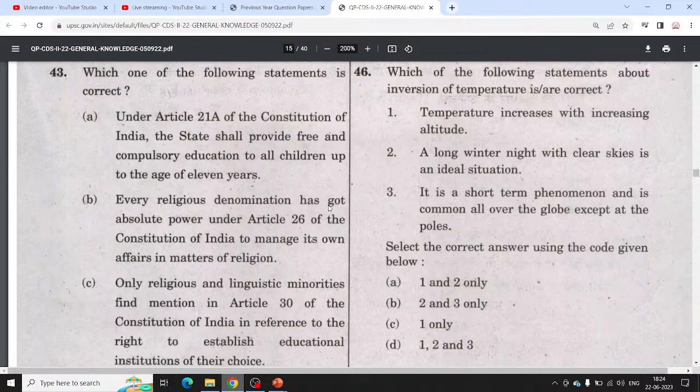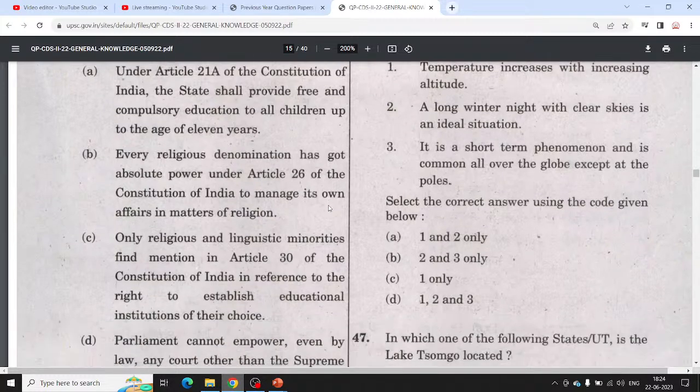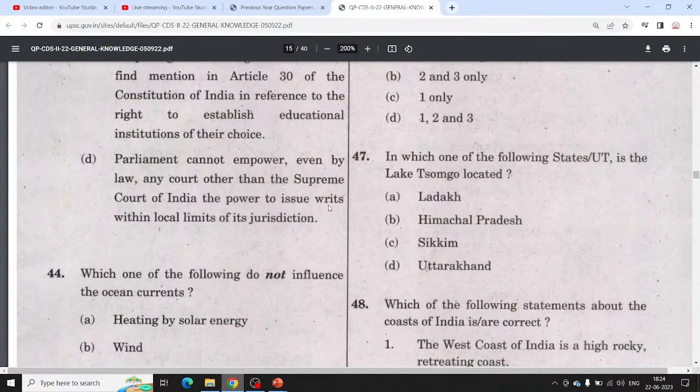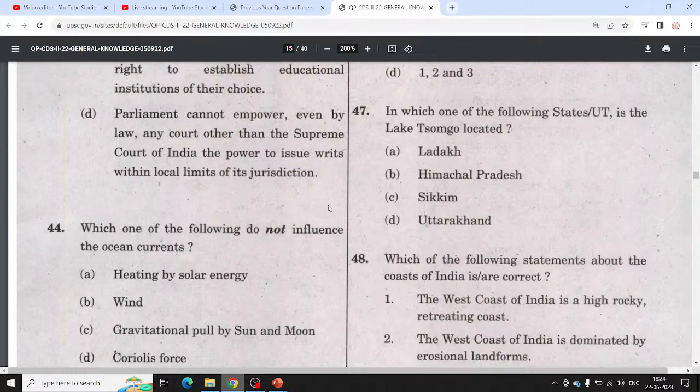Statement 1 is right or wrong? Eliminate A, eliminate C, eliminate D, 2 and 3. Keep moving forward. Did you all understand? Okay, 47, I don't know where it is, but the name is like a Chinese name. Ladakh, that's it.